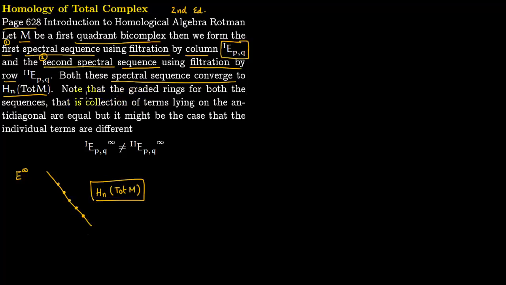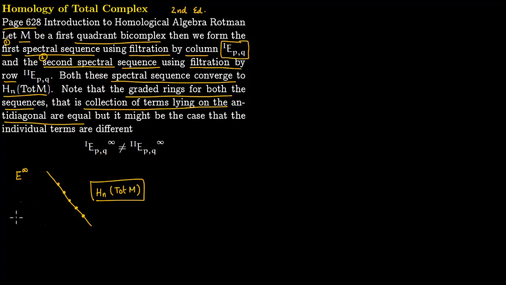Note that the graded rings for both the spectral sequence 1 and spectral sequence 2 on page infinity are the same, because both the graded rings are homology of the total complex.